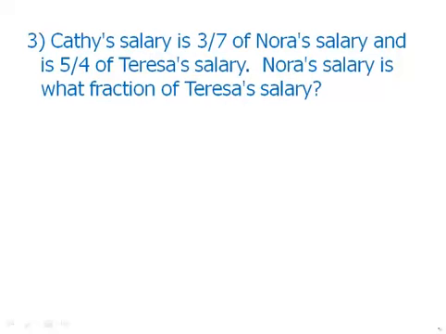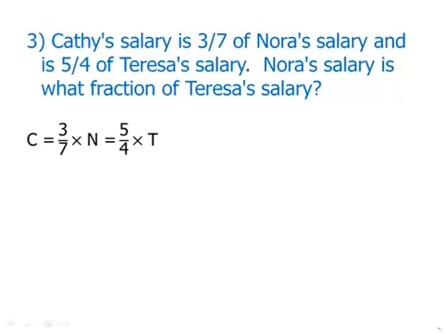So first thing I'm going to say is we'll represent each one of the salaries by the first letter of the female's name. So C is 3/7 of N. Also, C is 5/4 of T.